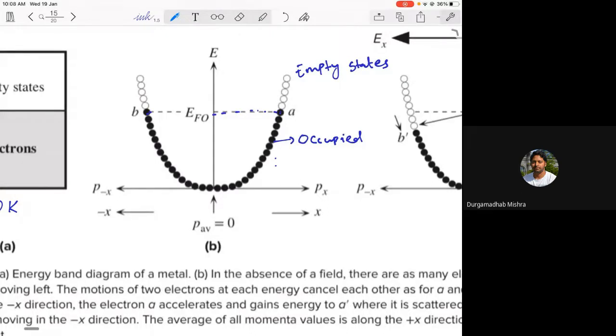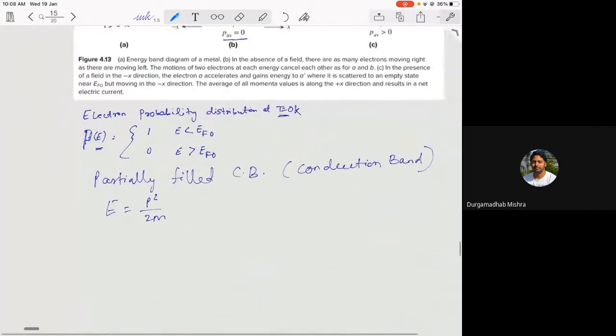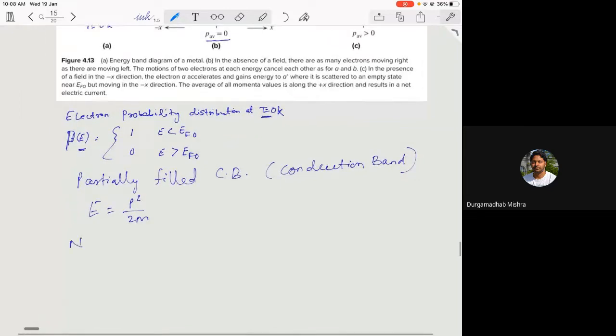When you look at the momentum, half of the electrons have a positive momentum and half have a negative momentum, and that is why the average momentum is equal to 0. This is a one-dimensional picture. So if we have n electrons, then n by 2 will have a positive Px, and n by 2 will have a negative Px.